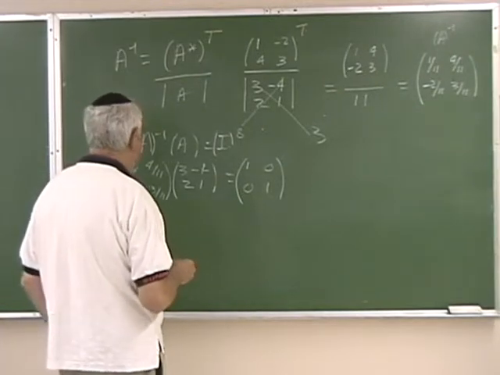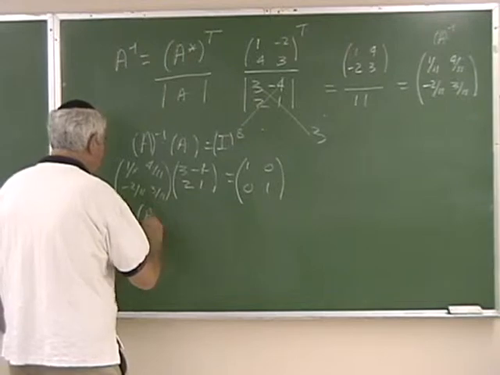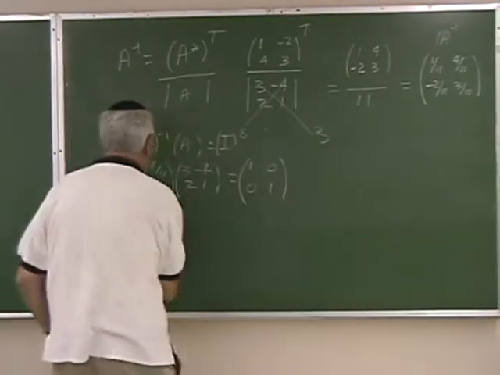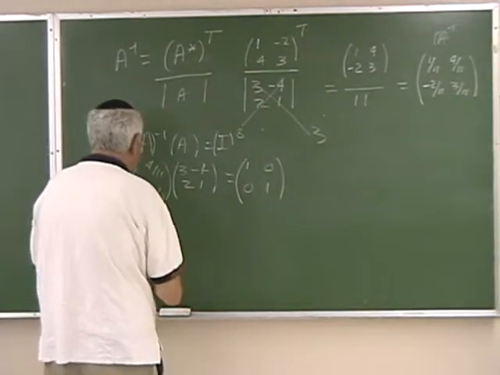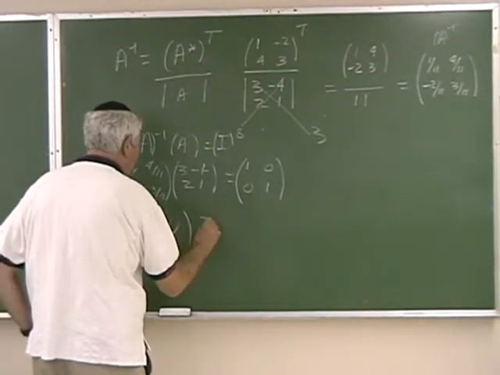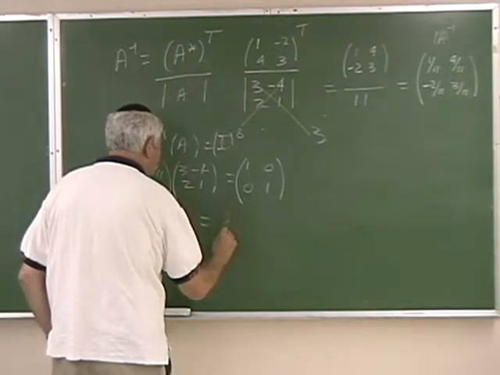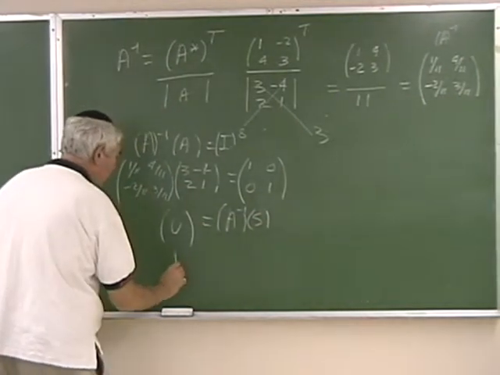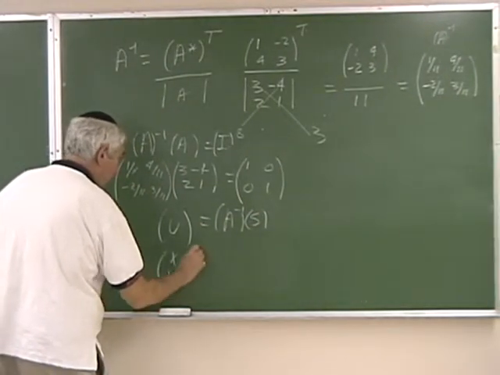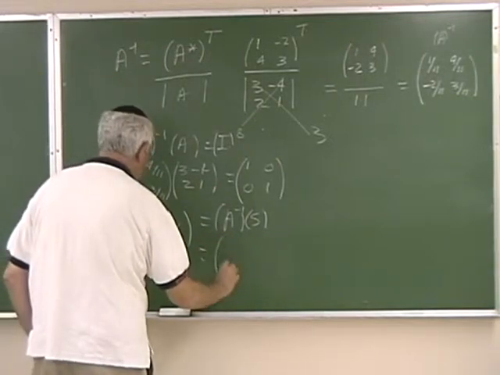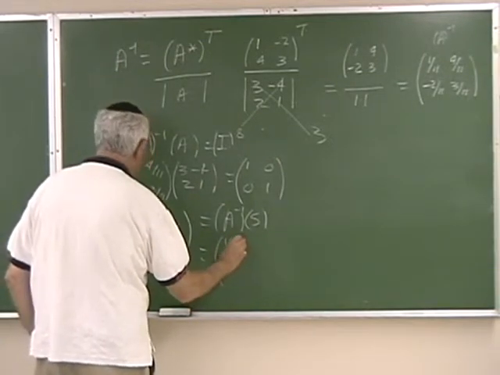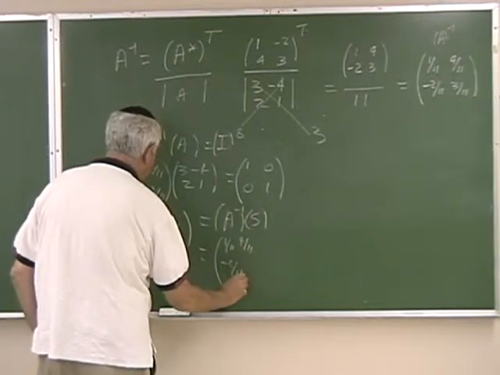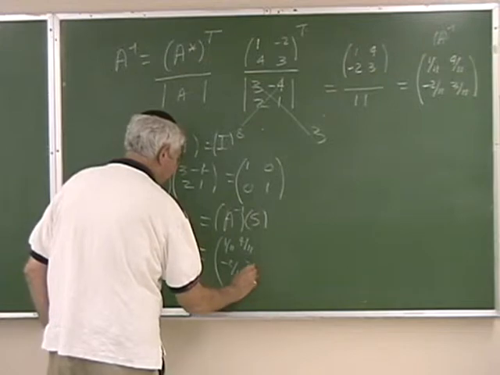Now the unknowns are going to be the inverse matrix times the solution matrix. So the unknowns are x and y. The inverse matrix is 1 over 11, 4 over 11, minus 2 over 11, and 3 over 11.